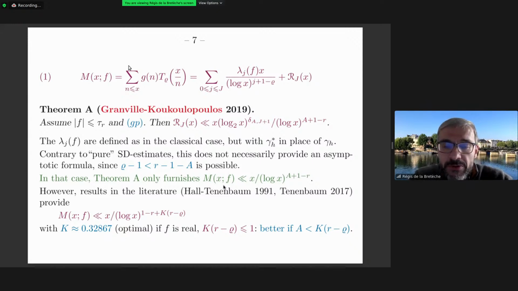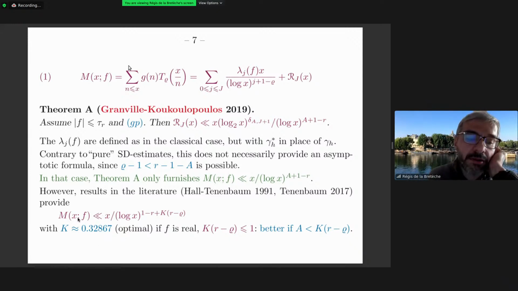The first result was proved by Hall and Tenenbaum, and after there is some improvement of Tenenbaum, which proves that the upper bound is, for M of x of f, the sum of f of n for n less than x, bounded by x over log x power 1 minus r plus capital K times r minus rho.